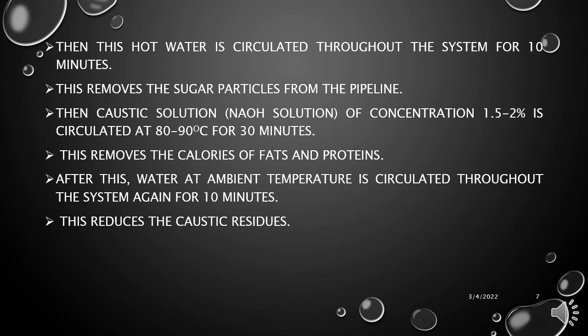After that, the residues of caustic will remain inside the system. So in order to reduce the caustic residues, we use simple water again at ambient temperature and circulate it throughout the system for 10 minutes.